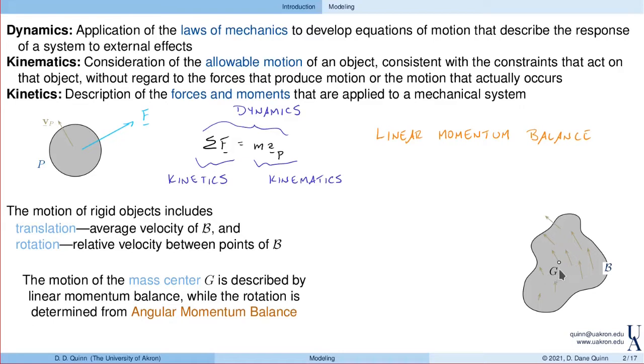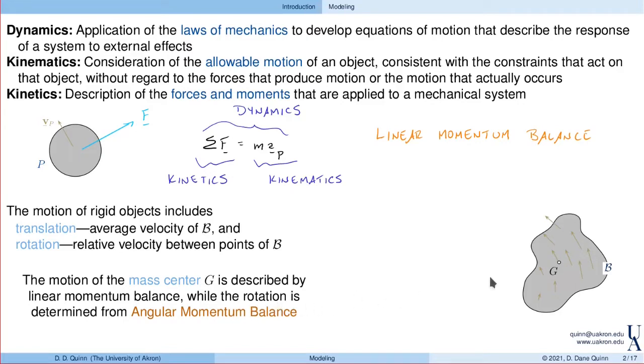So this idea of translation and rotation can be described by the general equations of momentum balance. In particular, the motion of the mass center, right? So the mass center is this special point that's sort of at the mass averaged location of the body. The motion of the mass center is described by linear momentum balance. So essentially, the mass center behaves like a particle. But then we have all this relative motion of points that are distributed throughout the body.